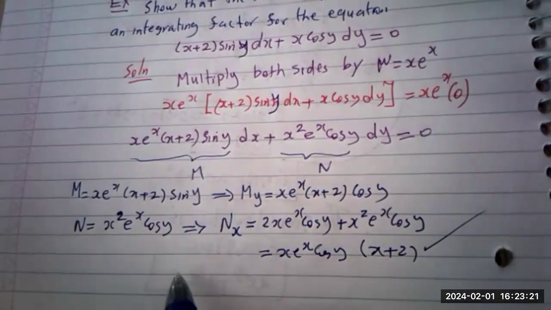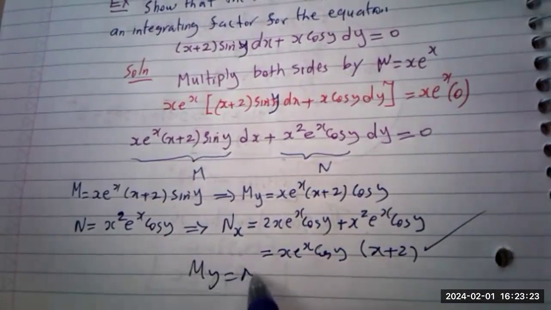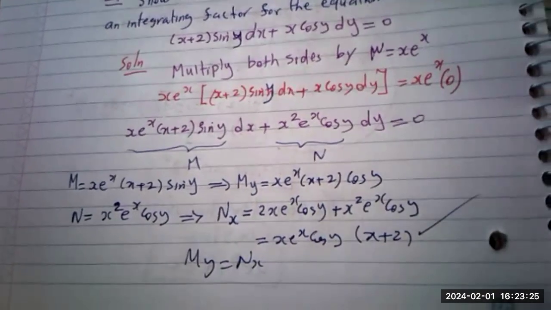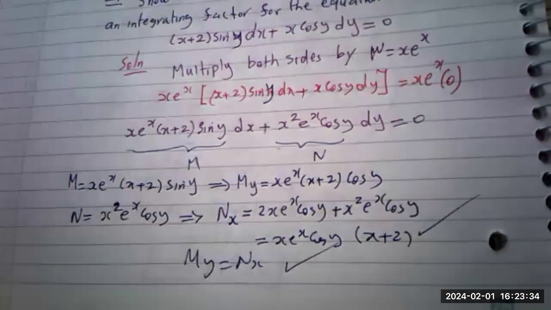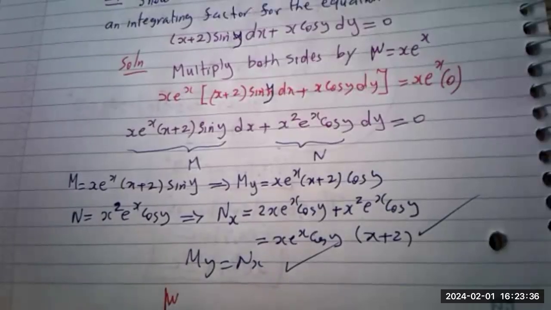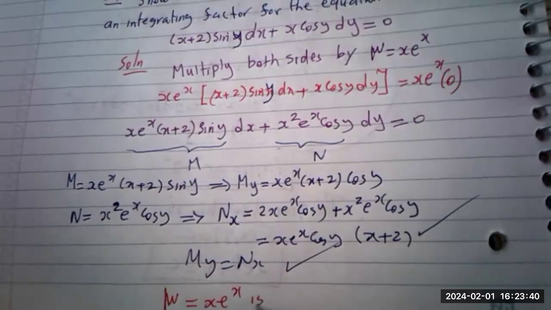So as you can see, m sub y is equal to n sub x. So this result of the equation is exact. So this means mu is an integrating factor. Mu equal to x e to the x is an integrating factor.